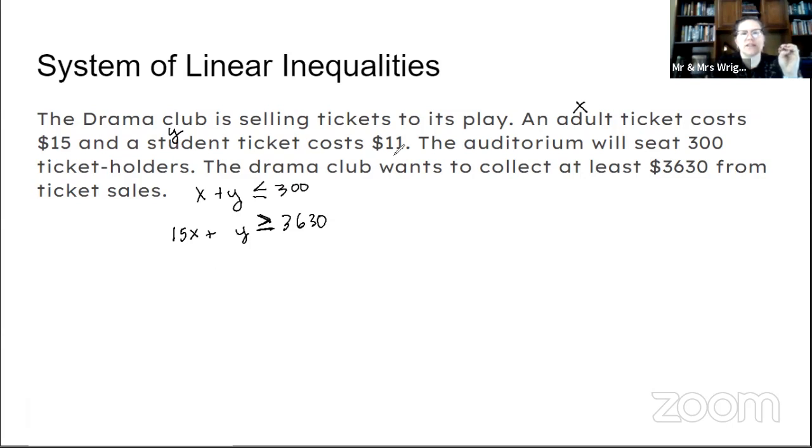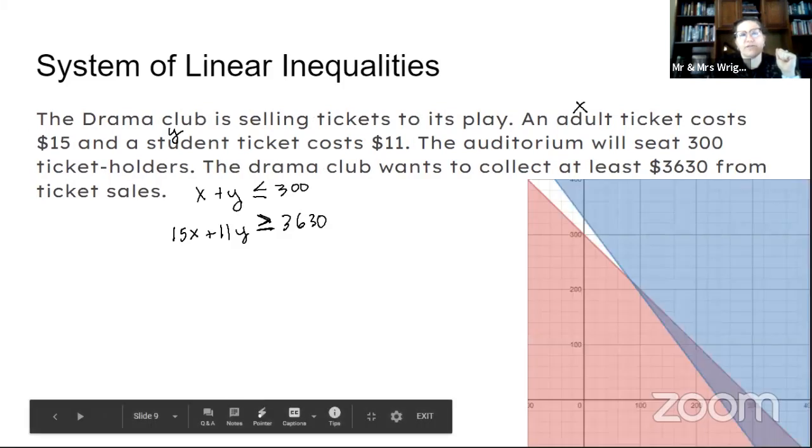A student ticket costs $11. So you're going to do $11 times Y, the number of tickets. Add those two things together, and that needs to be greater than or equal to 3,630. Okay, you're going to go ahead and solve for Y. And when you do that, you'll be able to graph your equation, which we have right here.